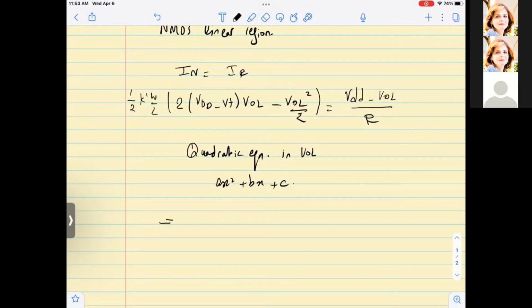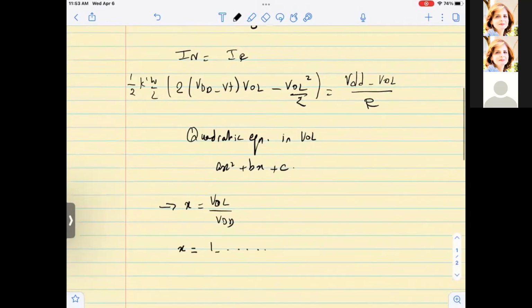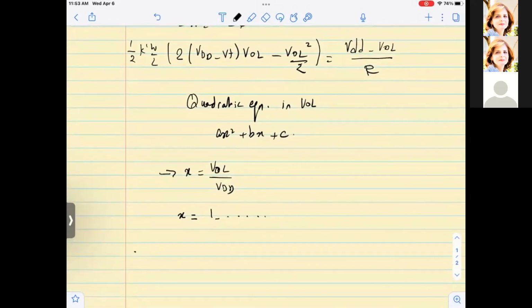So what they do, they solve for some X parameter, which is VOL over VDD in the nodes, and they say that this X is equal to 1 minus T. They define certain terms. It's a complex term. You can use it if you need to. But in some scenarios, if we specifically tell you in that exercise that the term VOL squared over 2 is very small, ignore it.